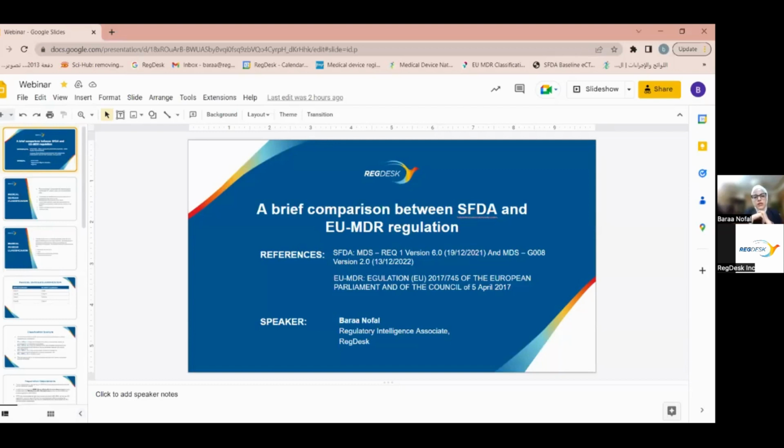Our references are taken from the Saudi FDA's latest guideline published about the requirements for the registration of medical devices in Saudi FDA, which is MDS-REQ 1 version number 6, published on 19 December 2021. And another guideline for the classification, the update of which was published yesterday, MDS-G008 version 2, on 13 December this year.